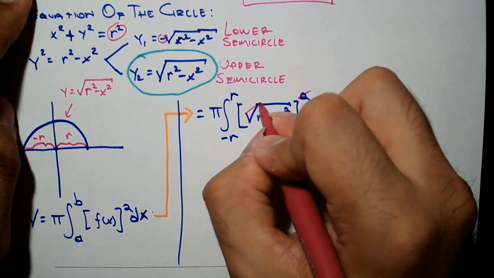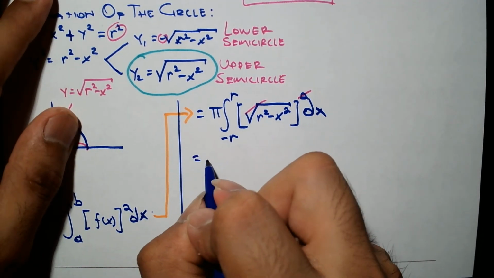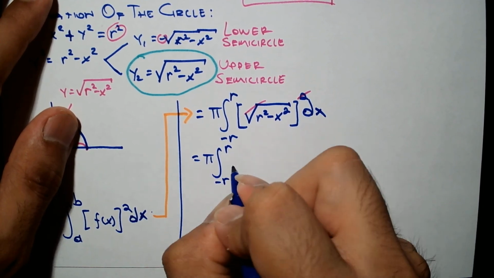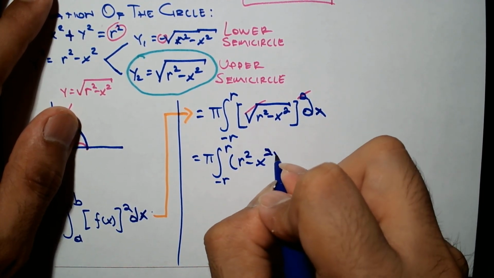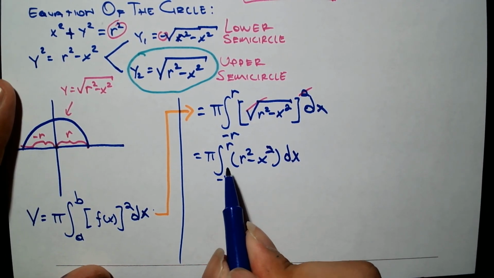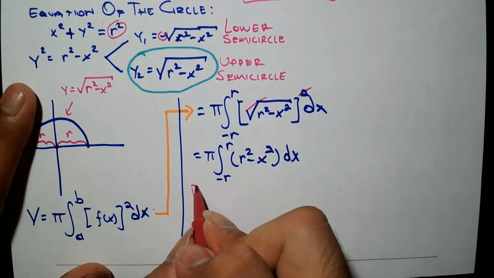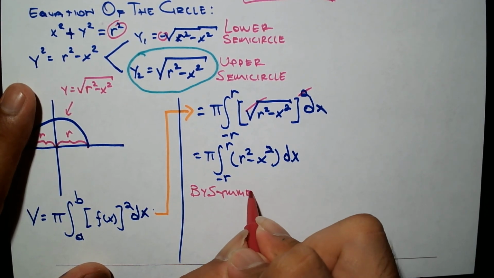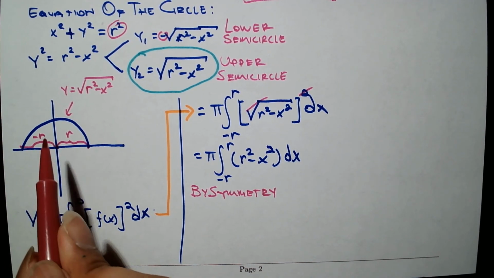The square cancels the radical. Okay, squares cancel the radical, and in this case, we have pi times the integral from negative r to positive r of r squared minus x squared dx. Again, I'm going to use the same trick with the symmetry. By symmetry, notice the symmetry of the semicircle.